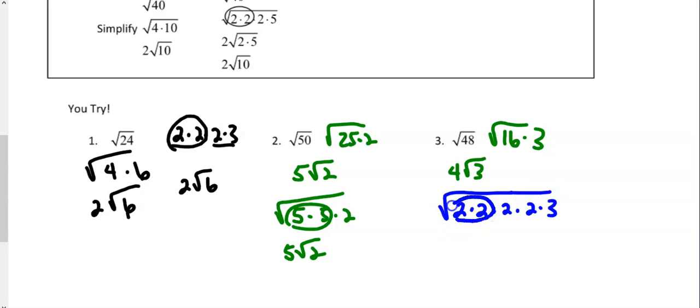So I got a pair of 2's, pull it out. I got a second pair of 2's, pull it out. I'm left with that 3. 2 times 2 is still 4 square root of 3. So each pair you will pull out individually, or again, recognize the largest perfect squares.